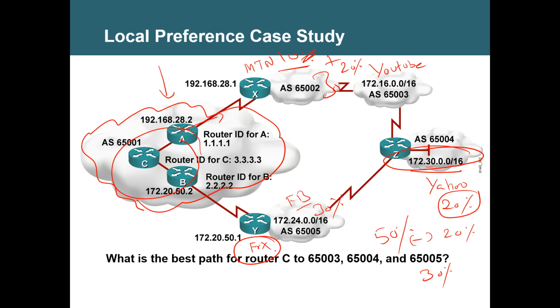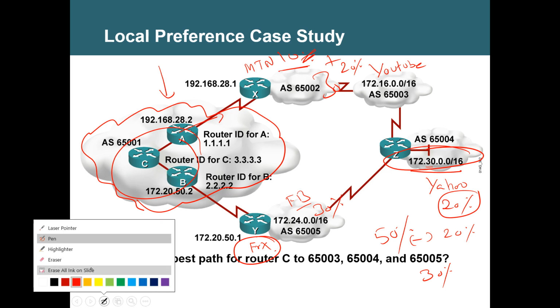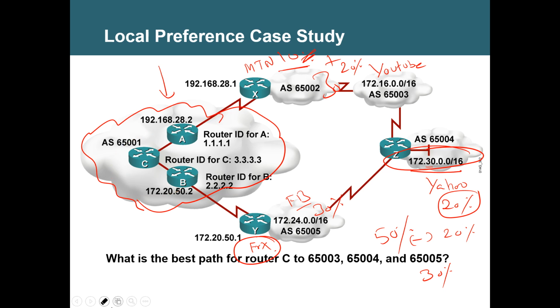So we will not use weight. We will use local preference on router A, so that router A will start forwarding all the traffic to Yahoo. In that way I can do load balancing.